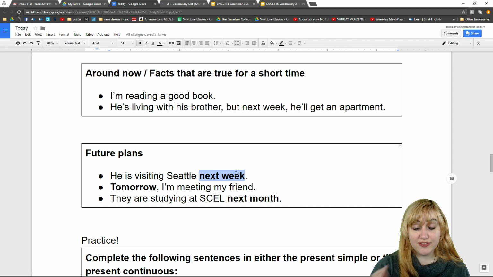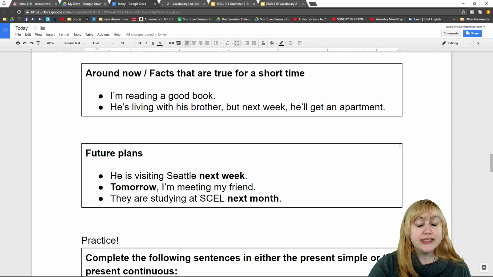So as long as it's very clear that it's the future and you're talking about a plan, it's possible to use present continuous. In a later lesson, we'll learn lots of different ways to talk about the future. But just so you know, present continuous is one way you can talk about the future.